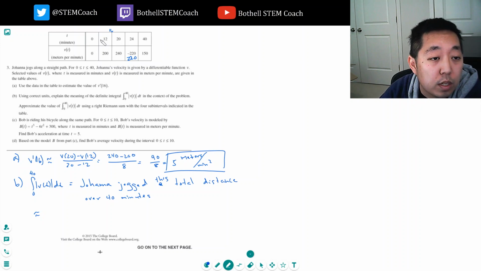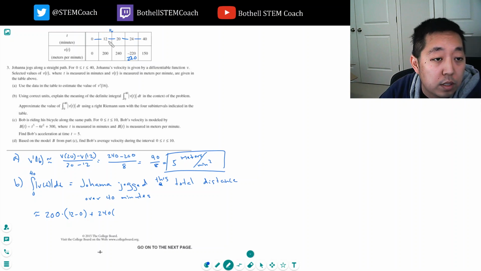is, let's see, we're going to use the right Riemann sum, and there are 4 subintervals: 0 to 12, 12 to 20, 20 to 24, and 24 to 40. You use the right endpoint value, so it's going to be 200 times the width of this interval, which is 12 minus 0, plus 240 times this interval, 20 minus 12, plus 220.